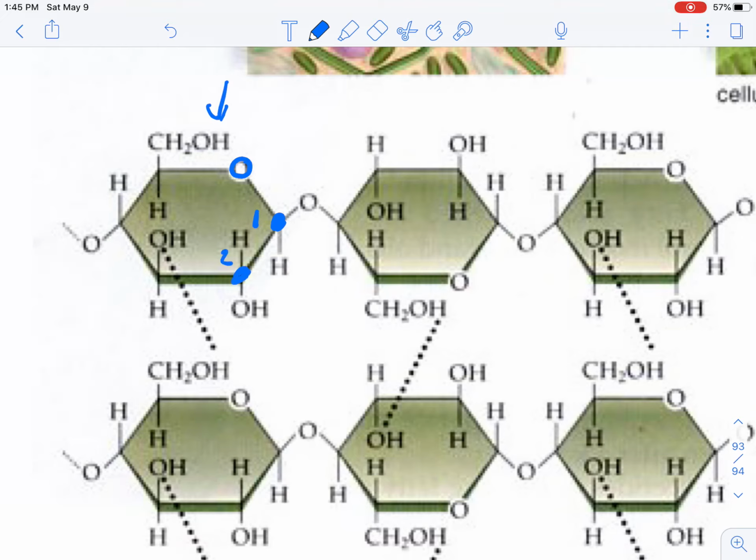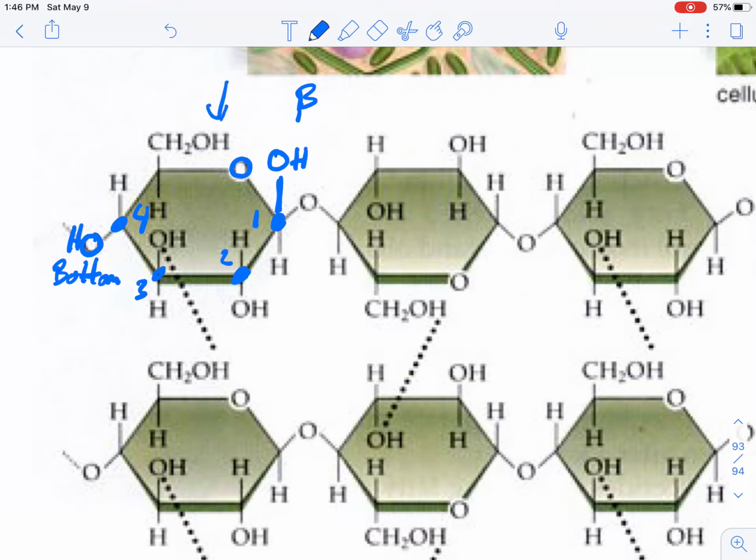This is carbon number 2, carbon number 3, carbon number 4. On carbon number 4, if you have this molecule right side up, the hydroxyl group on carbon number 4 is pointing at the bottom. For this to be beta, the hydroxyl group has to point up.